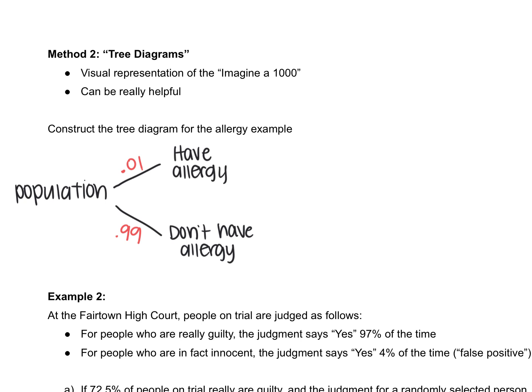Now, from our have allergy and don't have allergy, we then have 2 more branches. And that can either be that you get a positive test result or a negative test result. And these are the same branches for the top and the bottom.